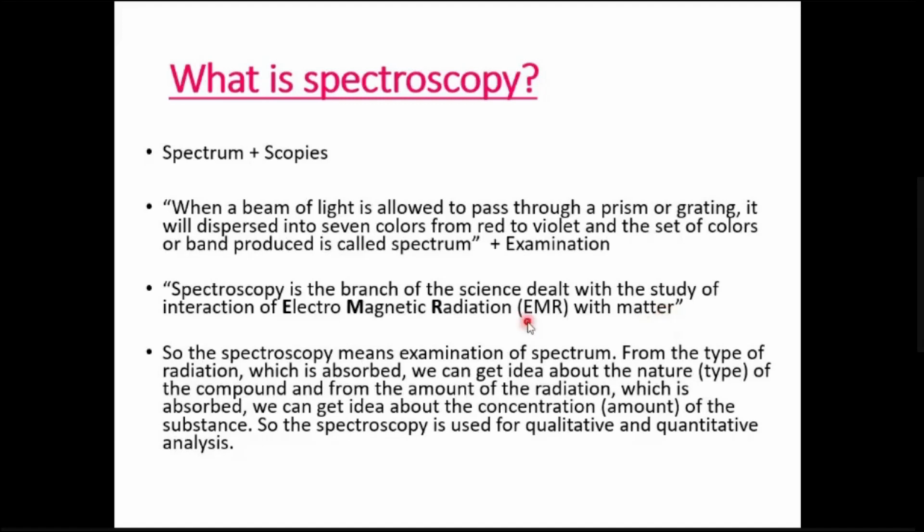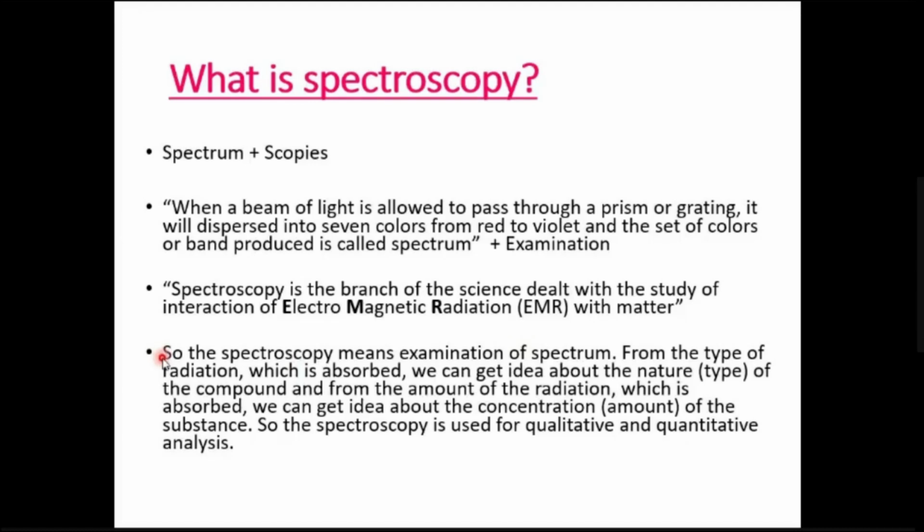So there is a change in some property of electromagnetic radiation. So both of them, electromagnetic radiation and matter, when they interact, bring about some change in each other. The study of this change, the study of this interaction, is called spectroscopy. So this definition is more useful to us than the previous definition.